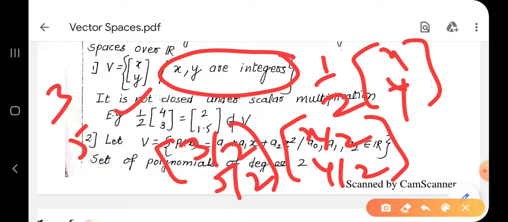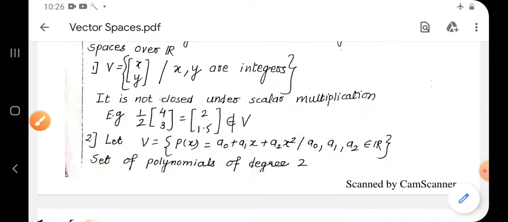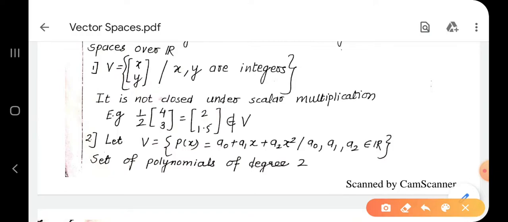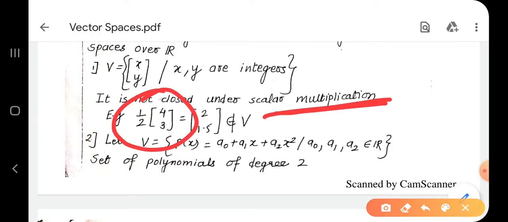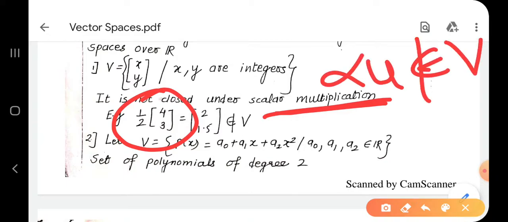These are not integers. So our space V is not a vector space, because it does not satisfy one condition, scalar multiplication: alpha into u does not belong to V. Therefore it is not a vector space.